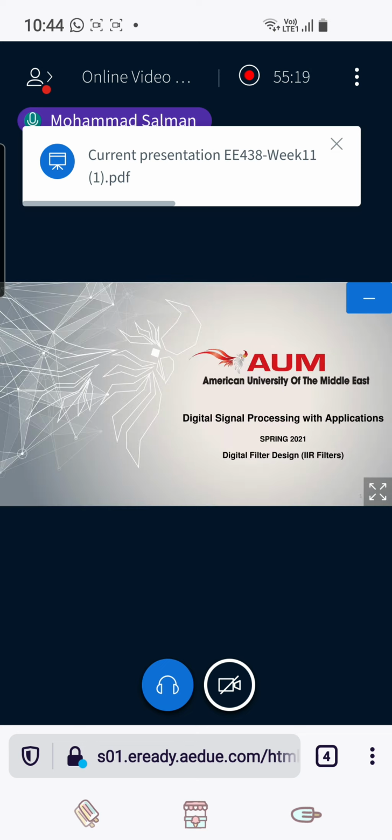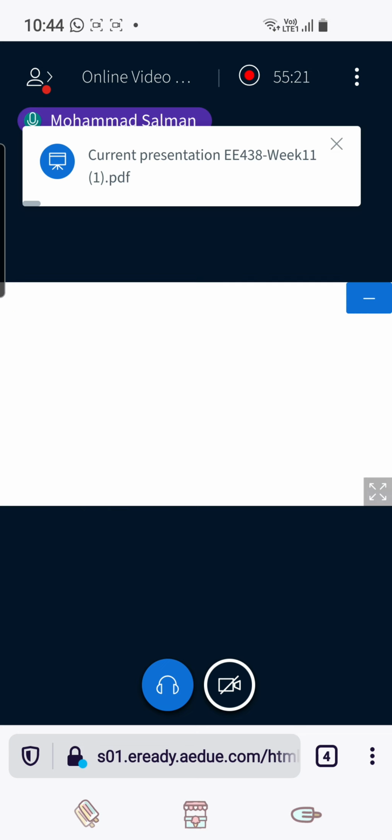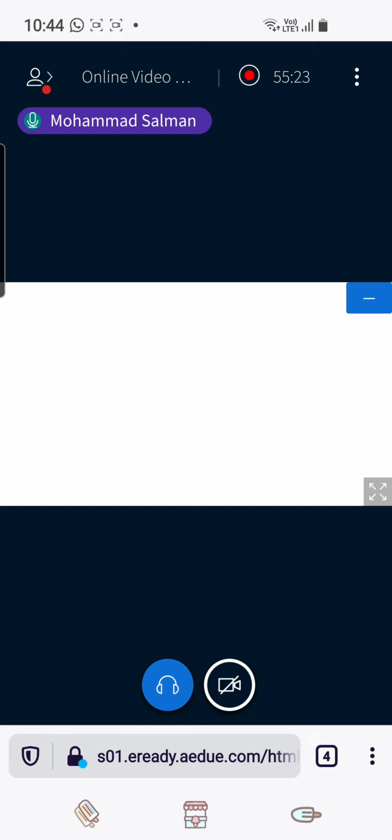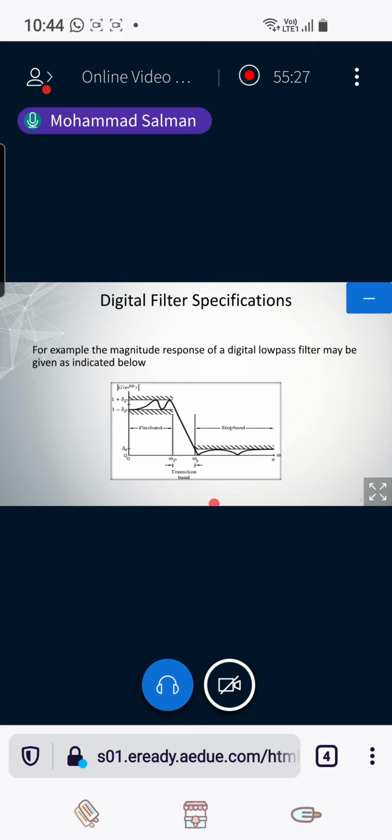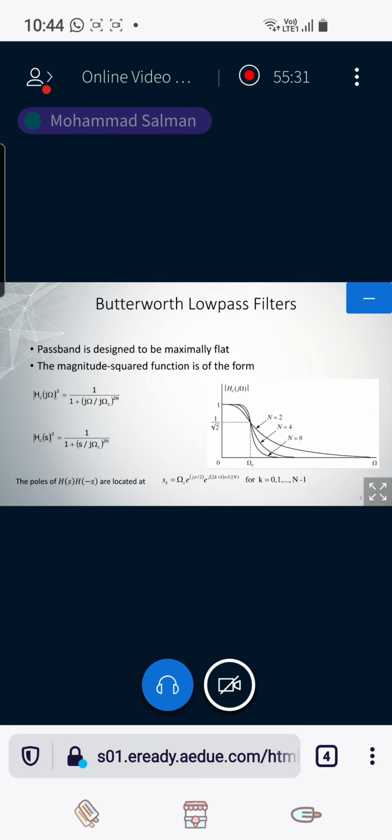One of the most famous techniques is called Butterworth filters. Have you heard about Butterworth filters? This is the one I explained a moment ago. There are Chebyshev, Butterworth filters, etc. So we will discuss the Butterworth filter and how to use it, and this is analog.